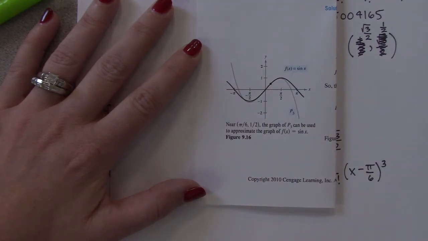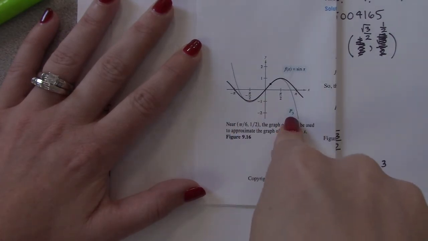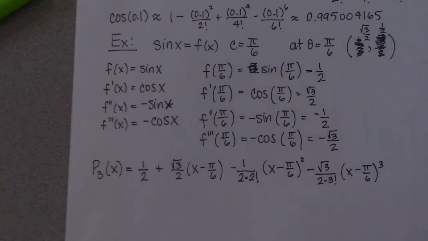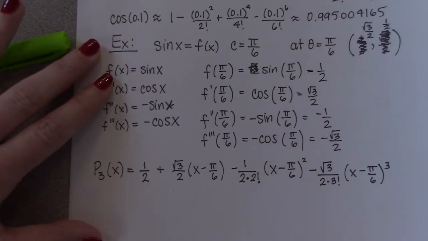And then if we needed to go over to pi, well then I would need to up the degree of my polynomial. Okay? So we good? Okay.